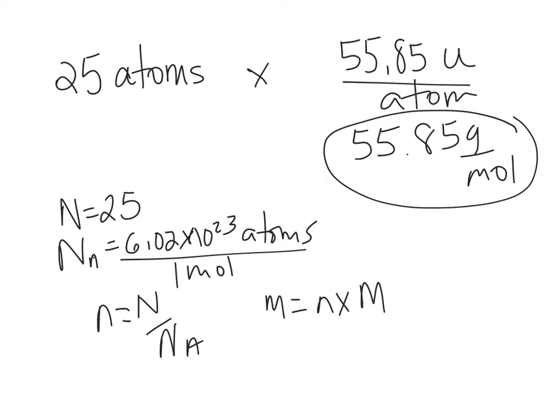Which means 25 atoms that you can't see actually end up being heavier than the planet Earth. This is what I talked about. You got to check, make sure your answers make sense. If you've got 25 atoms or 20 atoms or 100 atoms of anything, it's a really small mass. So your times 10 should be a negative value because it's an extremely small value. So always take that time at the end, and I gave you extra time if you needed it. Double check your answers. Is it a big number or a small number?